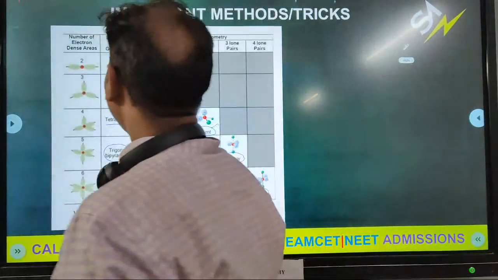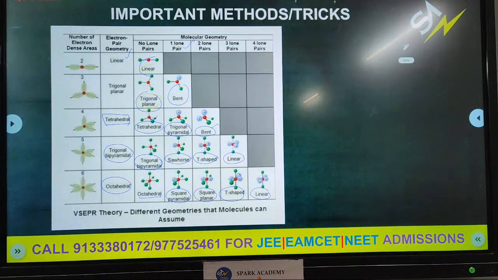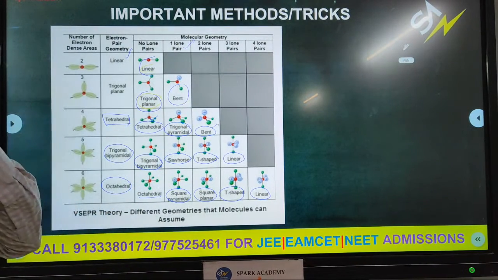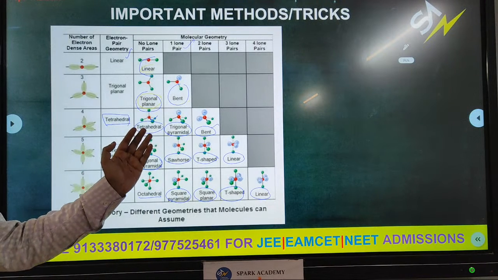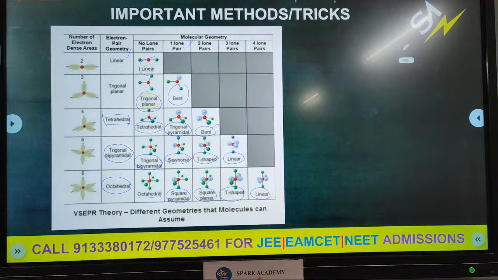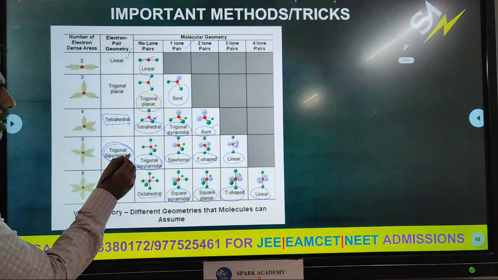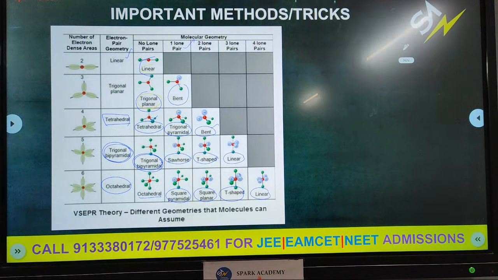Same for tetrahedral. Without lone pairs it is as usual, but lone pairs distort the structure: tetrahedral becomes trigonal pyramidal or bent. Now trigonal bipyramidal is the original geometry, with 5 electron dense areas.